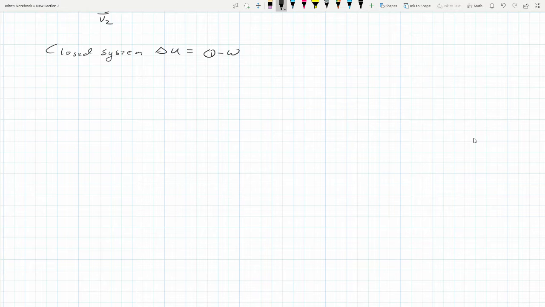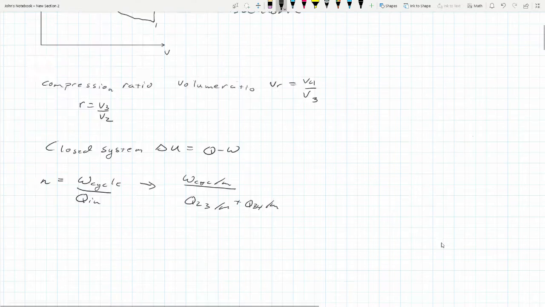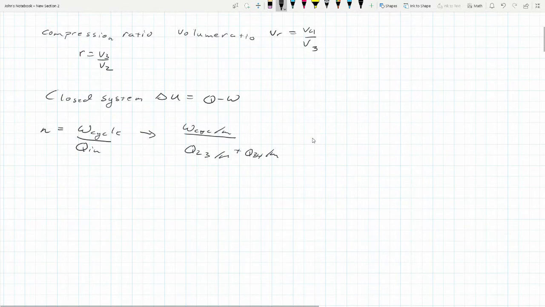Now the efficiency, as always, is equal to the work of the cycle divided by Q in. So this can be written as the work of the cycle over m, equal to Q23 over m plus Q34 over m, because recall, heat is being added from 2 to 3 and 3 to 4.